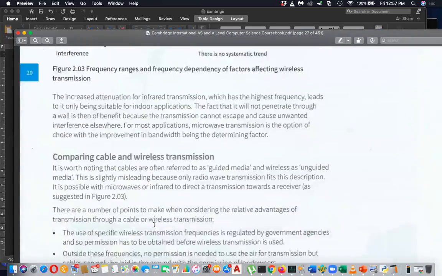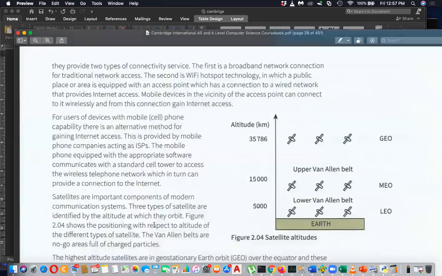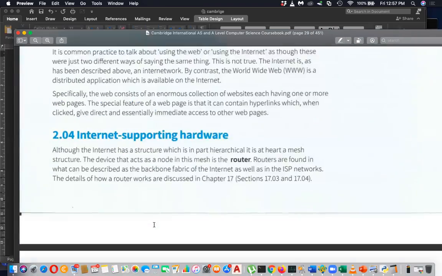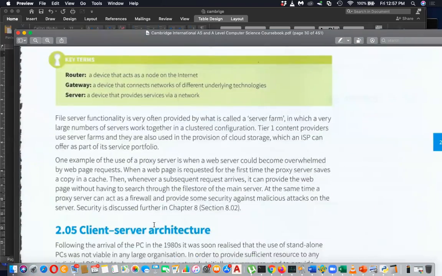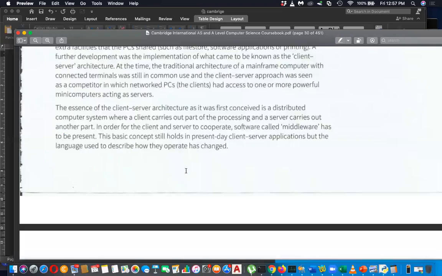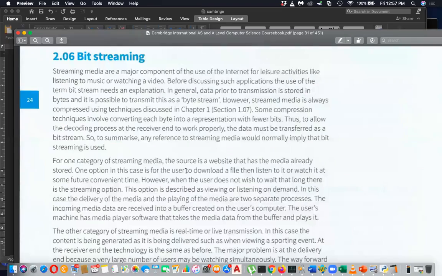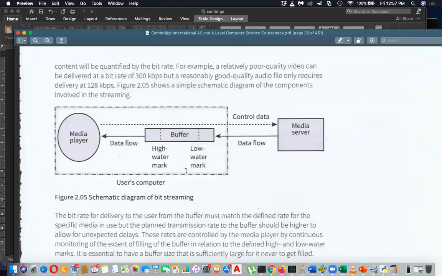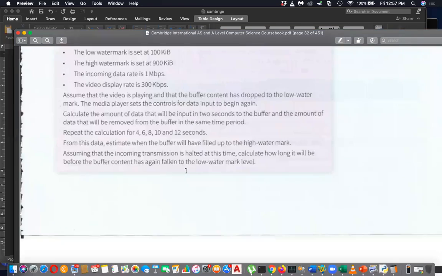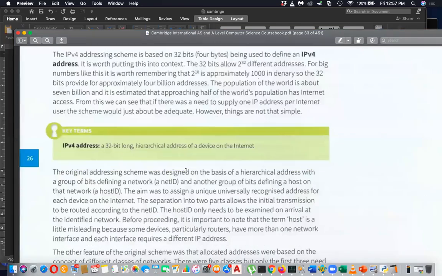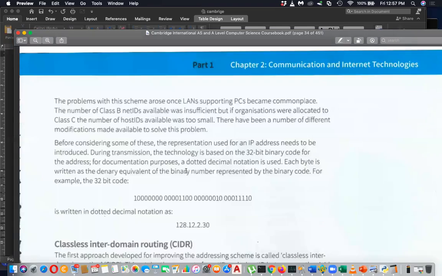But we discussed cable types, the internet and services of the internet, what WWW is, and the theoretical parts like client server architecture, bit streaming, and IP addressing.